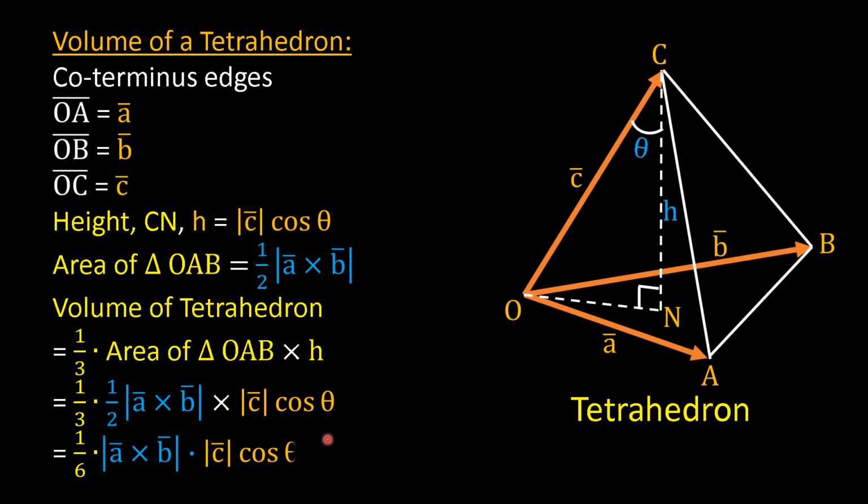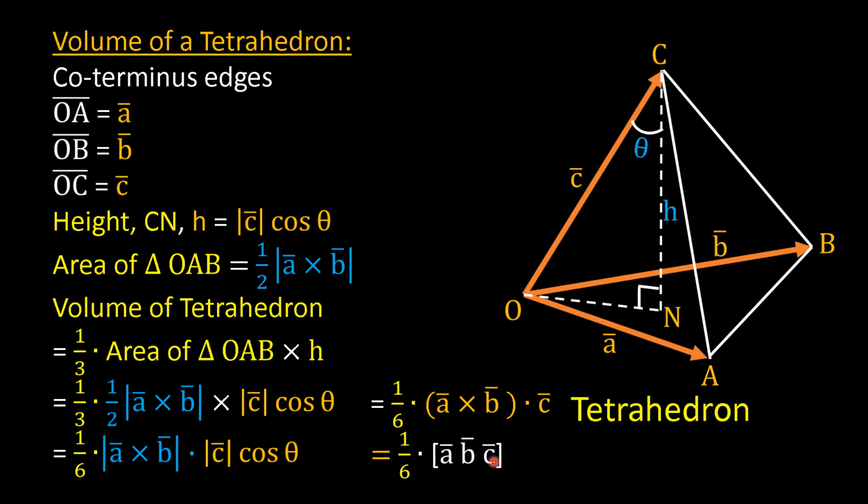So this will be 1/6 mod A bar cross B bar dot mod C bar cos theta, which is nothing but 1/6 A bar cross B bar dot C bar, which is scalar triple product of vectors A bar, B bar, C bar, or it is 1/6 the box product of A bar, B bar, C bar.